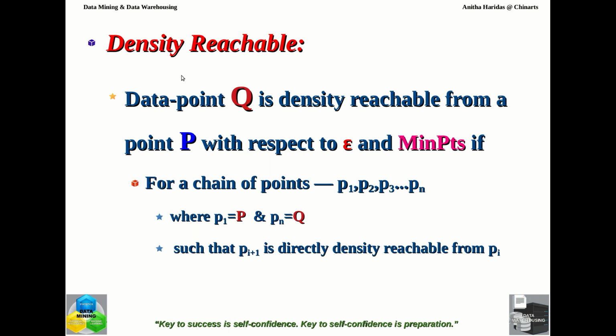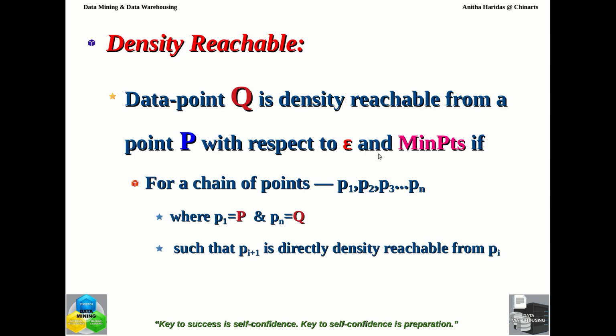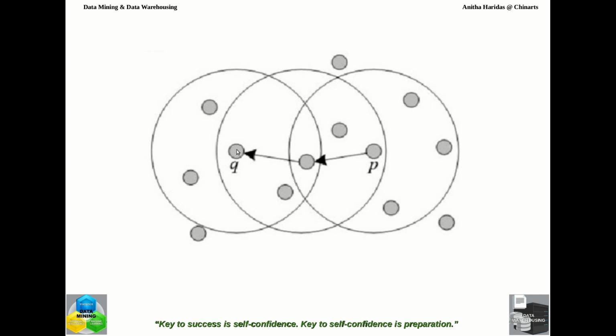And the other one is called density reachable. This is where I asked you to correct. Q is density reachable from point P with respect to epsilon and minimum points if there is a chain of points P1 to Pn, and the condition here is that Pi plus 1 is directly density reachable from Pi. So that is what is shown here. Q is density reachable from P, right? And Q is P1, this is P2, and this is P3, right?